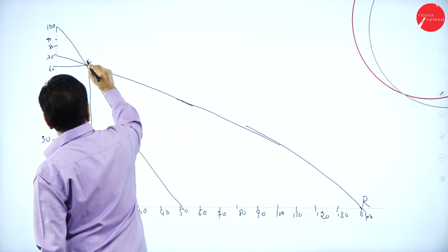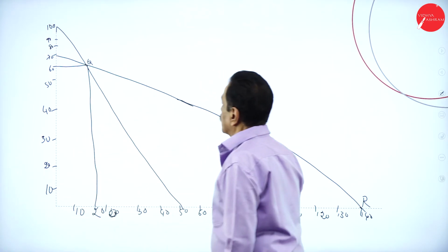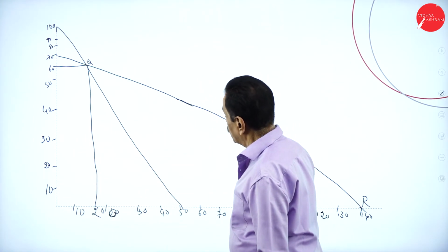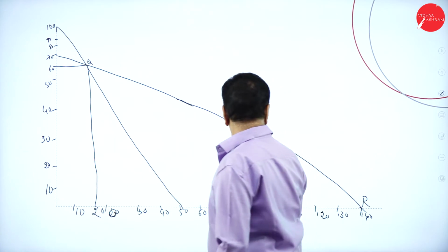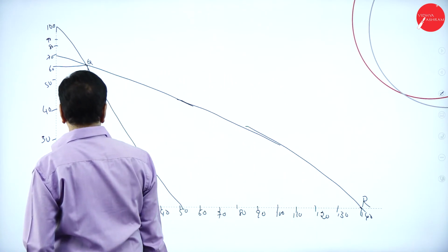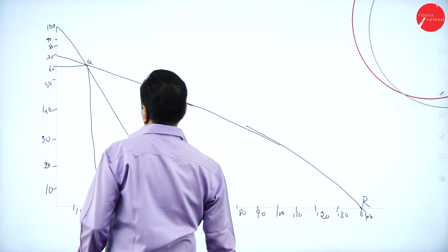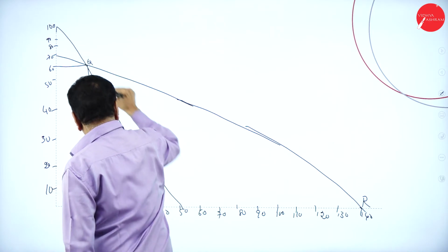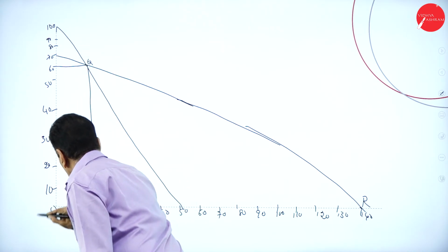This is your Q. First one, 100 to 140. Then this one, O.